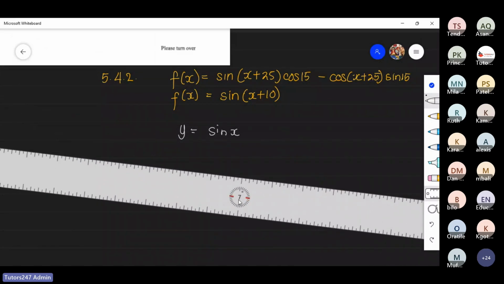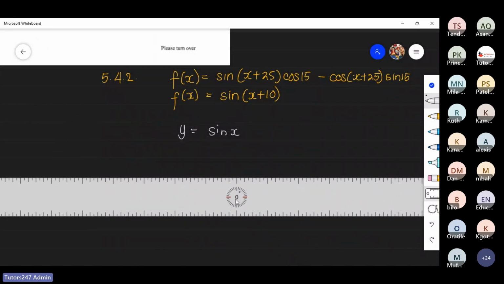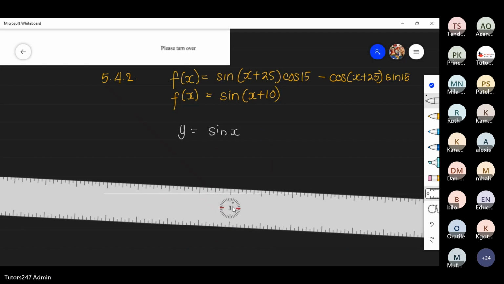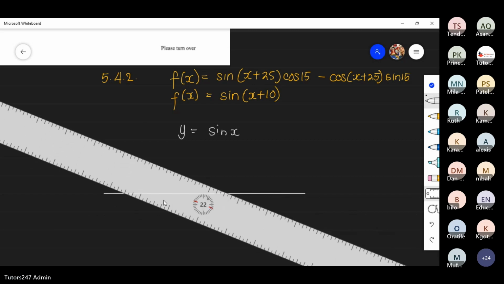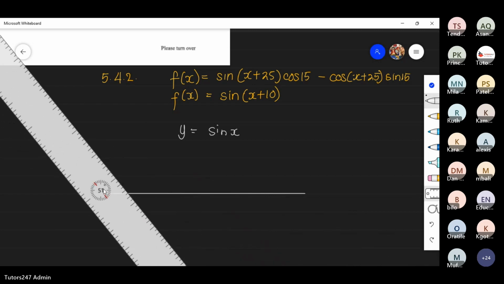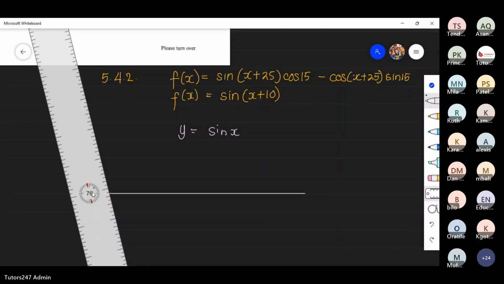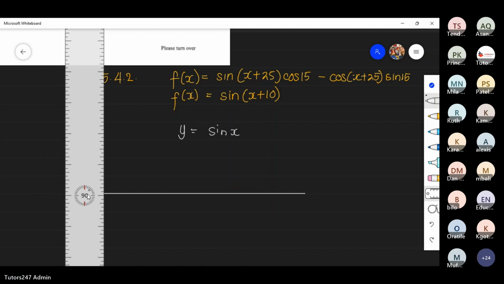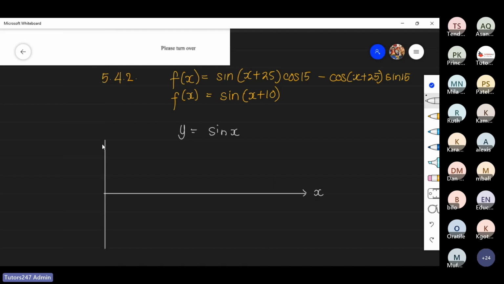From there, we will shift it with reference to x plus 10. So let's have it here. That is going to be our axis. This will be our x-axis, and this is going to be our y-axis.